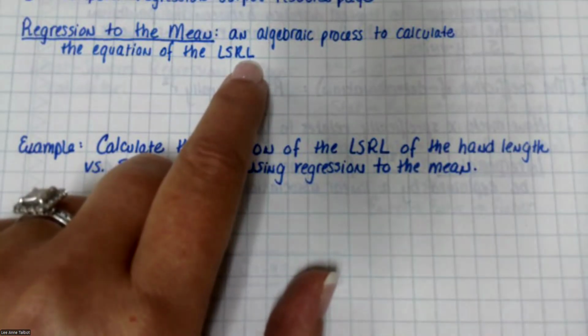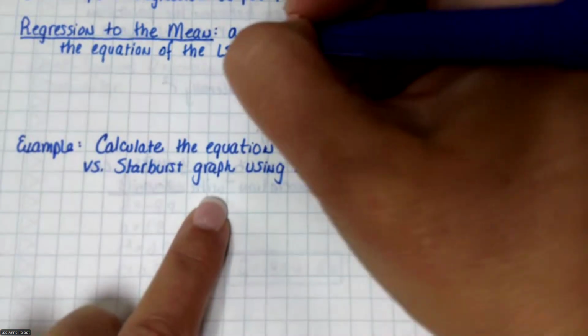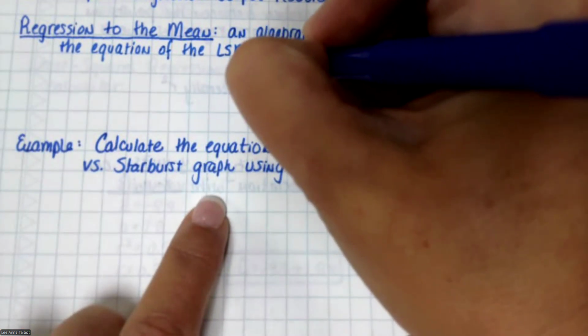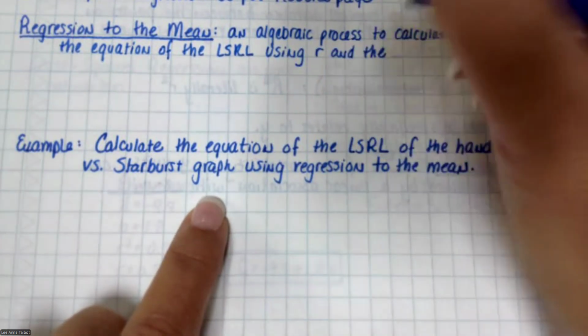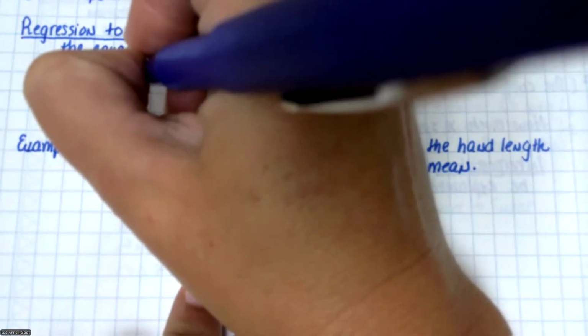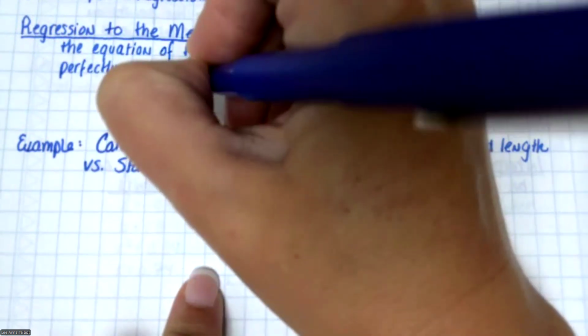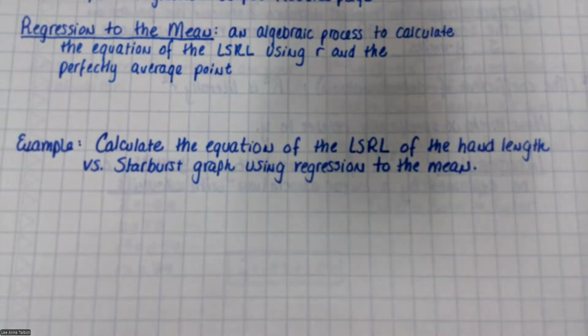That's the output your calculator gives you when you do linear regression, a plus bx. It's an algebraic process to calculate the equation of the line of best fit, basically using R and the perfectly average point.